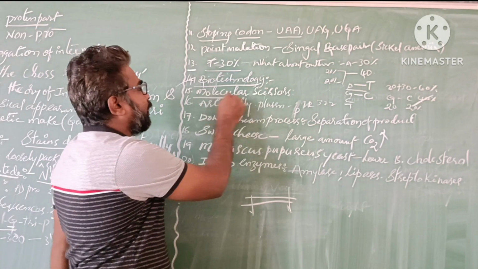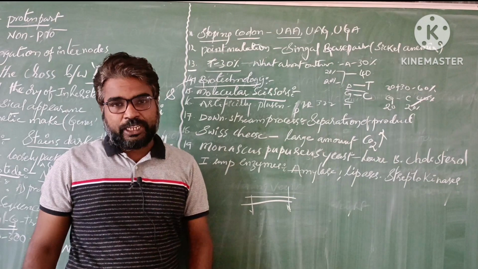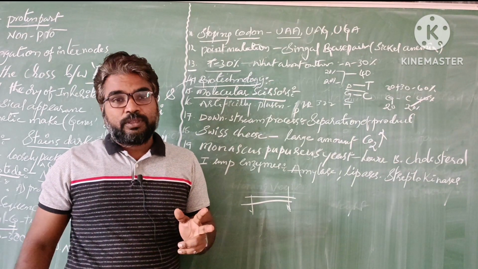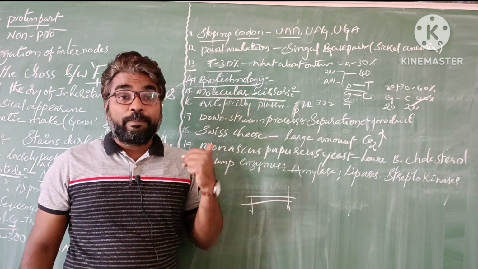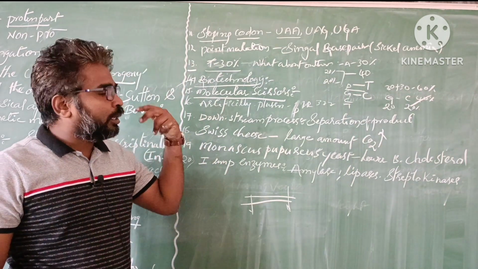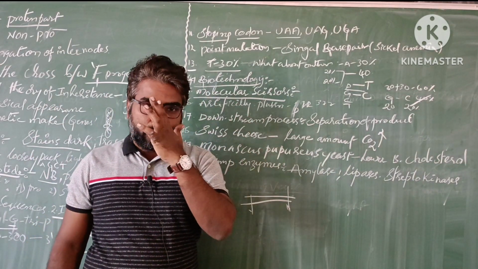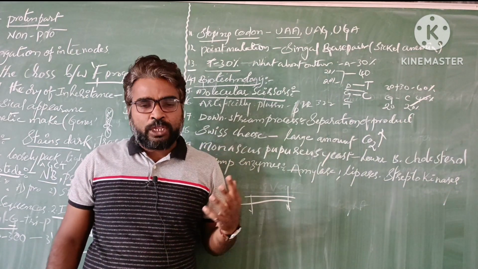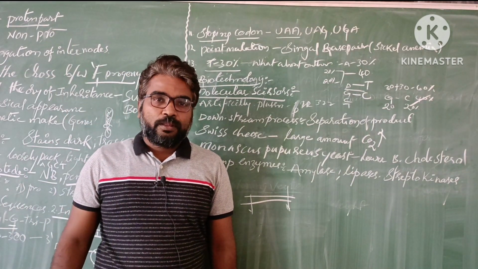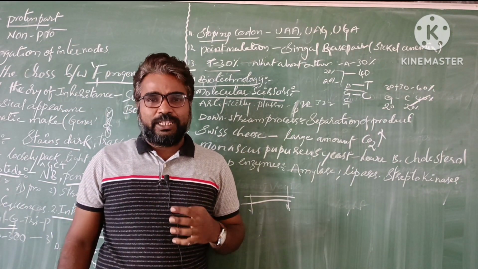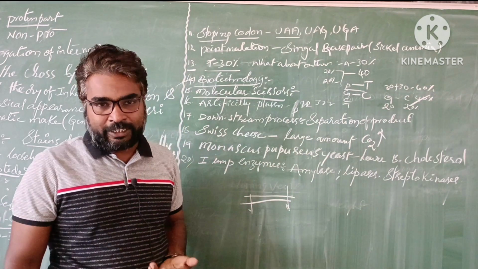Next one, molecular scissors. Already we have seen in DNA technology, a scissor cuts a thing, but here some enzymes cut molecules. The enzymes that cut the molecule, that is the DNA, we call molecular scissors. We use enzymes for cutting the DNA in DNA technology.